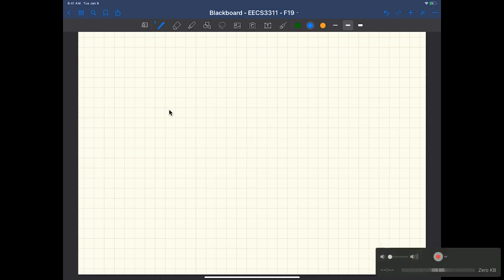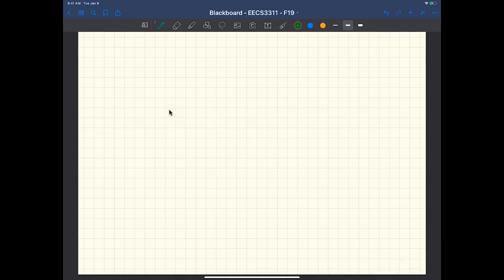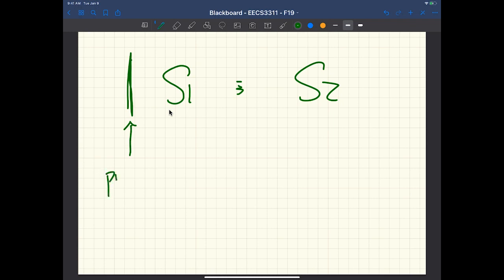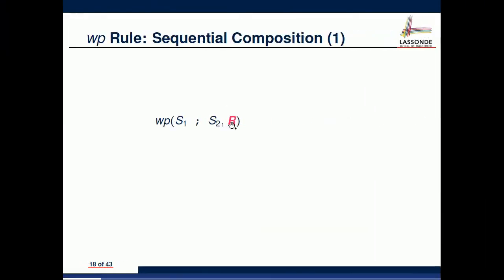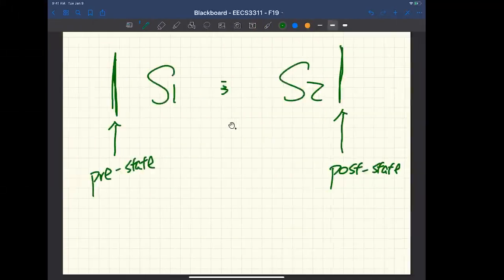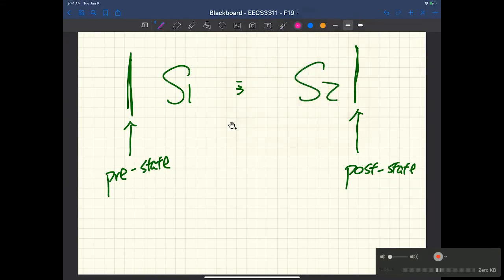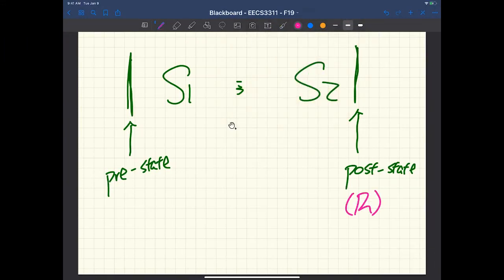The intuition is when you try to execute S1 followed by S2. Think about this as the pre-states, and this is the post-states. As far as the post-states are concerned, we want to satisfy R, the post condition. Let me write it on there as well, where R should be satisfied.